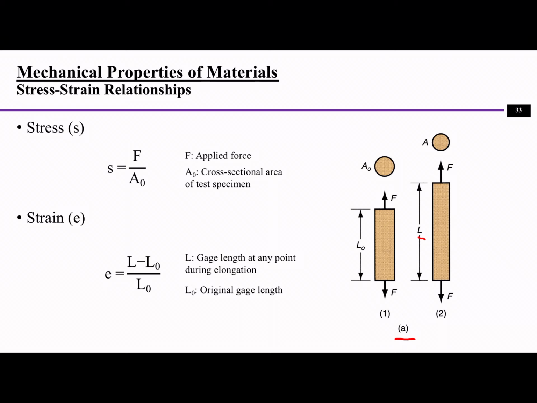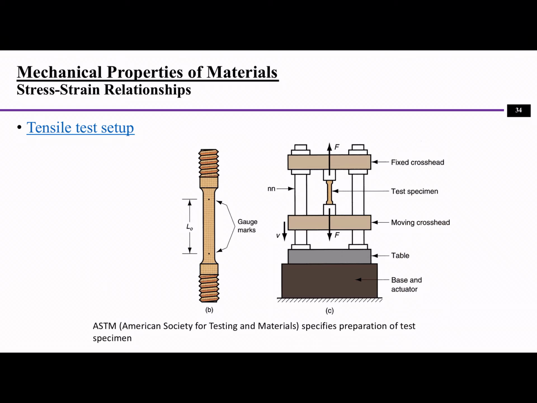For example, if you are stretching steel versus stretching a polymer, you can see it's different, and the force you need is also different. So that's why the stress-strain relationship is used to characterize the different properties.